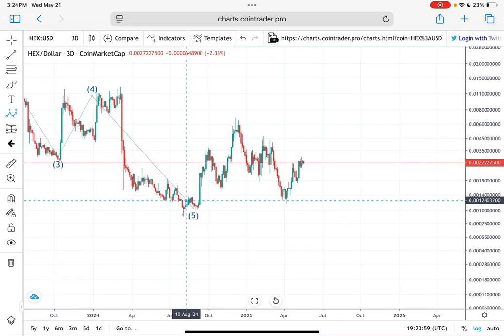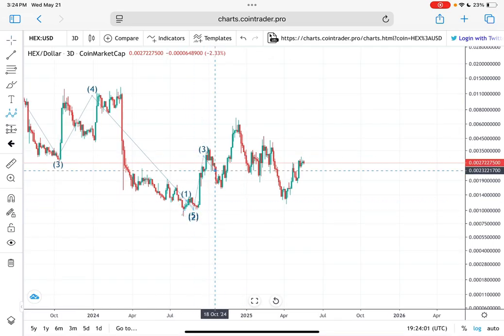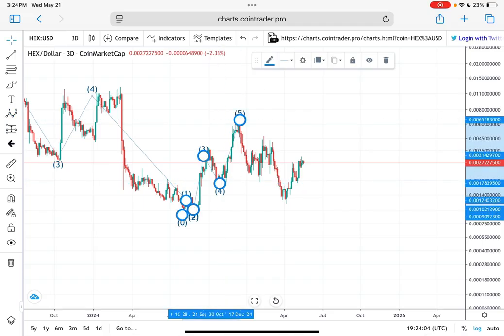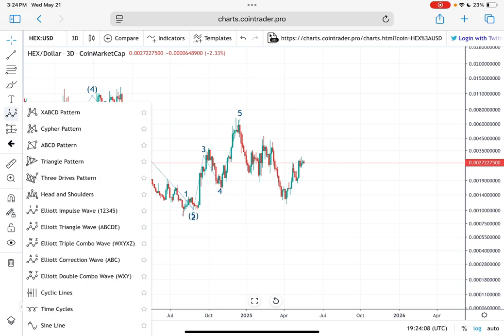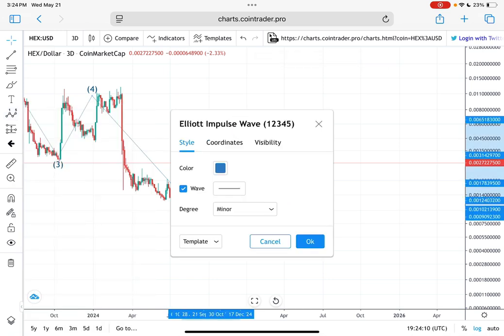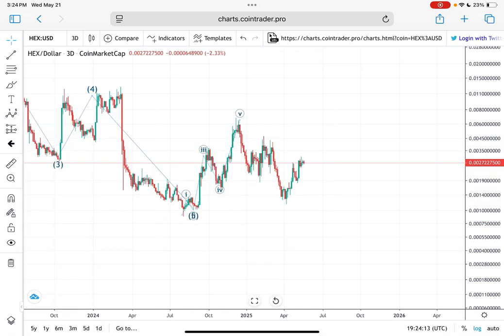So this over here would be your 5-wave move up, like this. Then you have your ABC down.